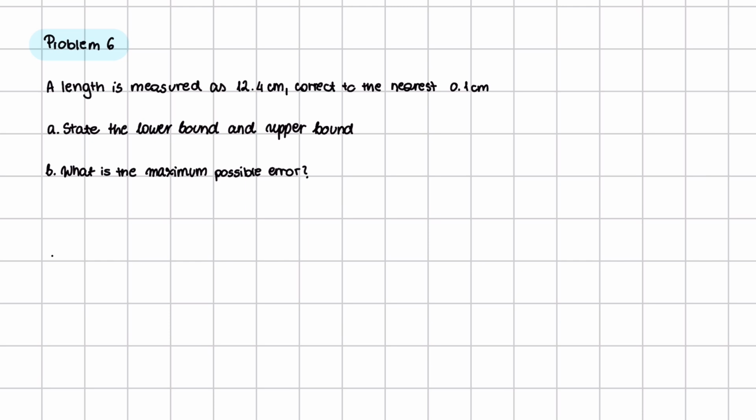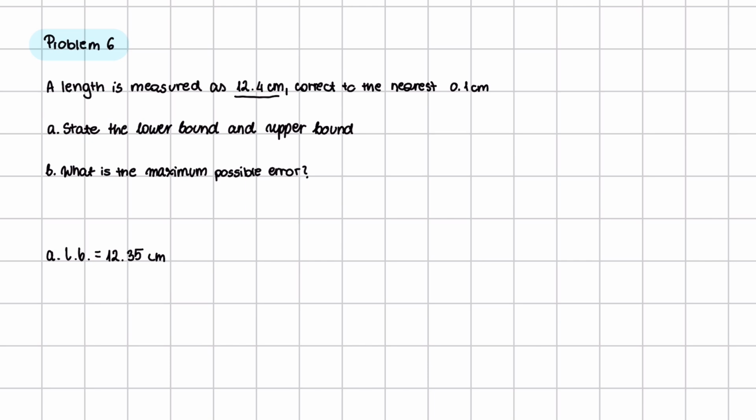So our lower bound will be 12.35, of course, centimeters, because this value we round up, and if we round up to the nearest 0.1 centimeter, we will have this value.